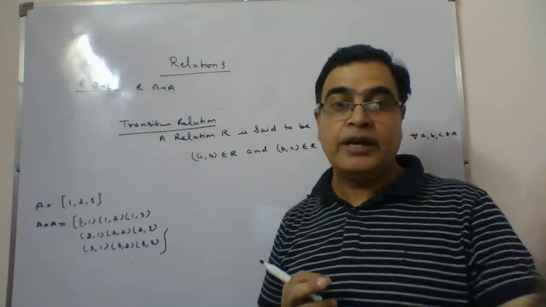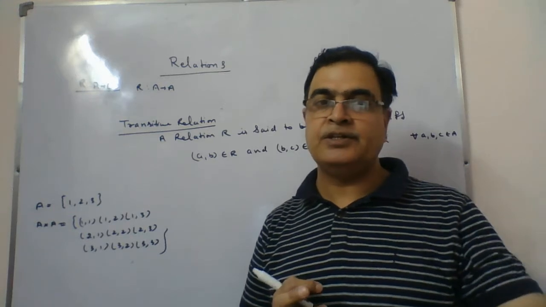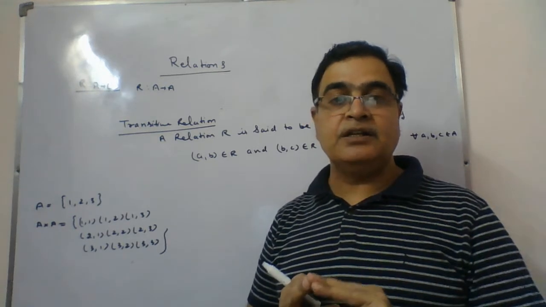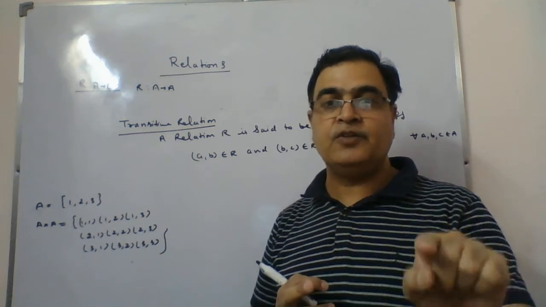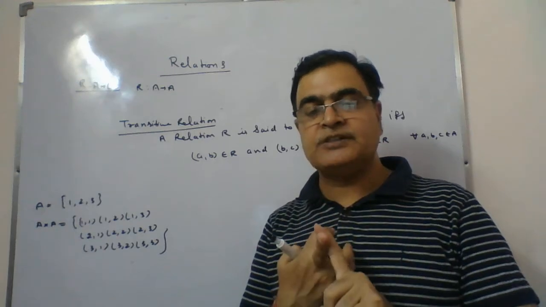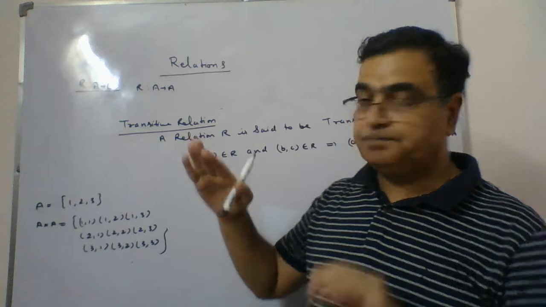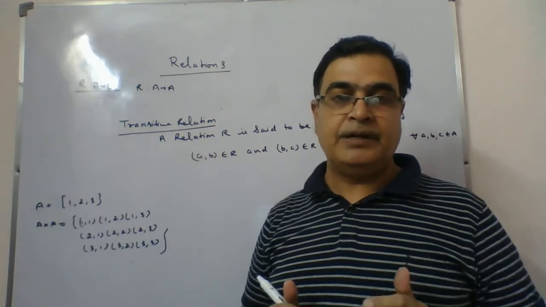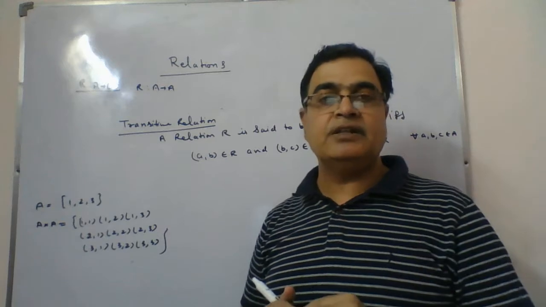Only if that condition holds will we say the relation is identity. Then we did that if each and every element of set A relates with itself, we will say it is a reflexive relation. Then we did the symmetric relation.